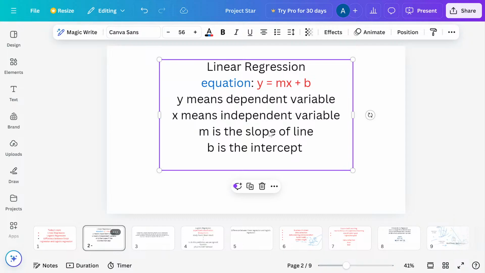So if the slope is, let's say, 2, then with a 1 unit change in x, there will be a 2 unit change in y. That's what we call m. So m is the slope of the line and c is the intercept.